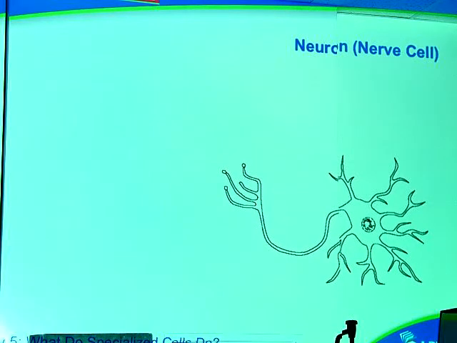So you want to write both names. So these cells will be located where? All over. You have nerves all over, but they connect to where? Your brain, because that's where all of your information is. The longest neuron is in your spine.